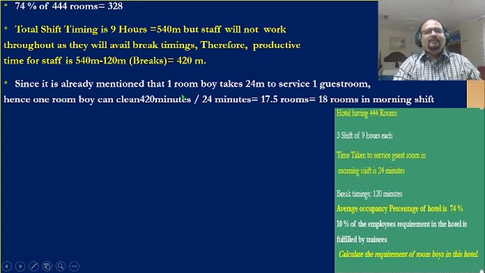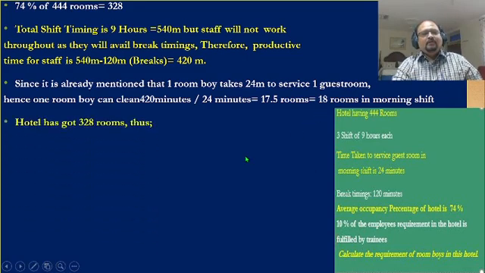And since it is already mentioned that one room boy takes 24 minutes to service one guest room, hence how many rooms can one room boy clean? 420 minutes total time by 24 minutes, which is time taken to service one guest room, that is 17.5 rooms, and I am assuming it here to be say 18 rooms in morning shift.